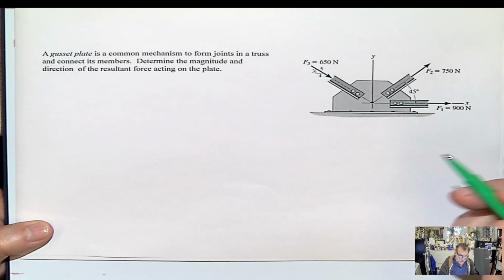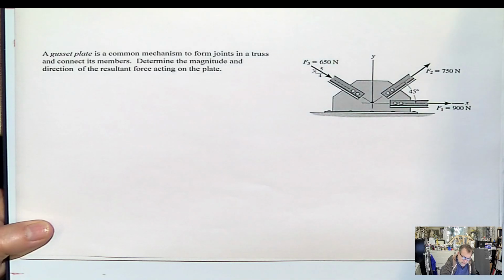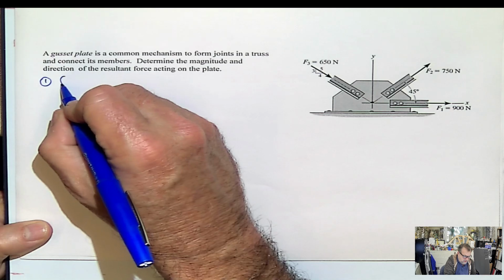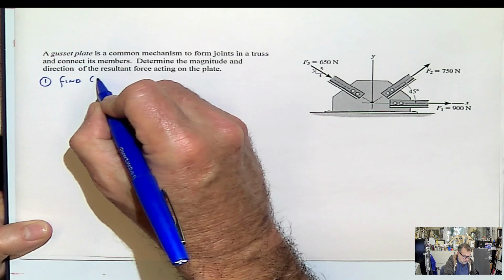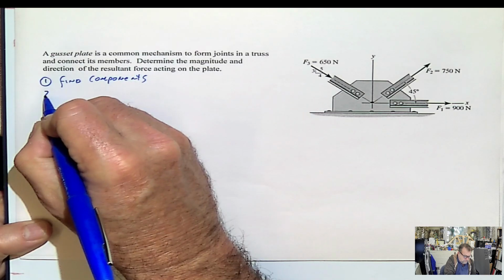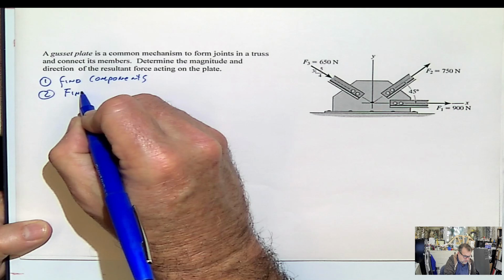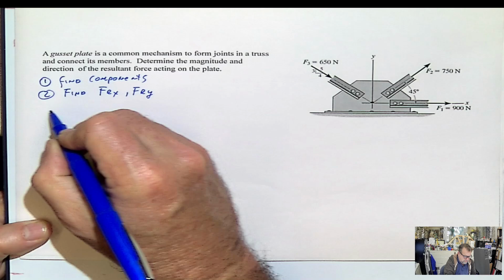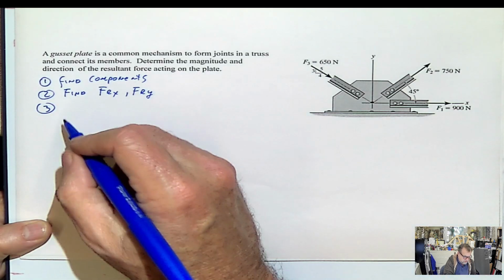What are we going to do? Same situation, similar approach. First, find components. Find resultant in X, resultant in Y. Three forces, even easier this one.